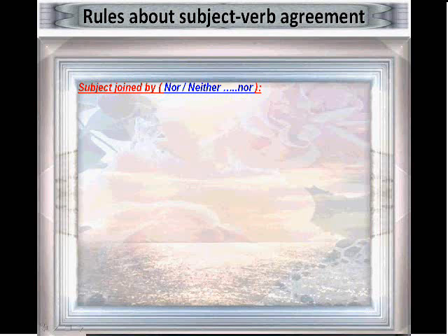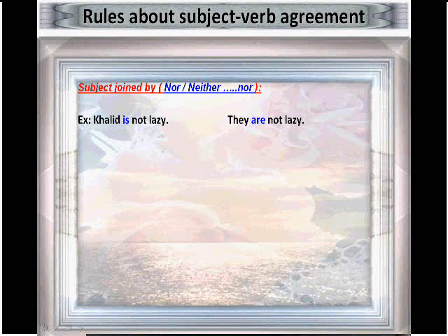Again, the verb, as we said, agrees with the nearest subject if these two subjects are joined by nor or neither nor. Let's have a look at the examples. Khalid is not lazy. They are not lazy. Of course, in the case of Khalid, because Khalid is a singular subject, the verb to be is singular, is.